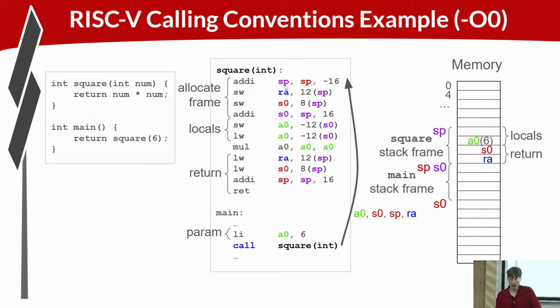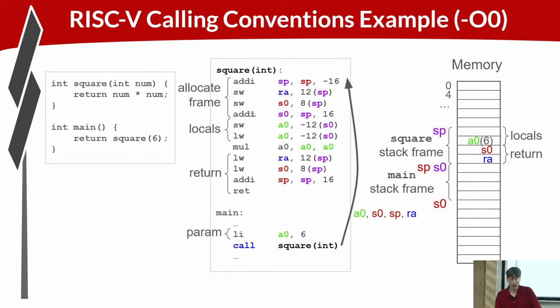This is not highly optimized code. I think the way this is written, there's no need to actually store RA. If there were a function call in square calling another function, right, you would have to have RA captured in memory before the other function would be able to use that register.